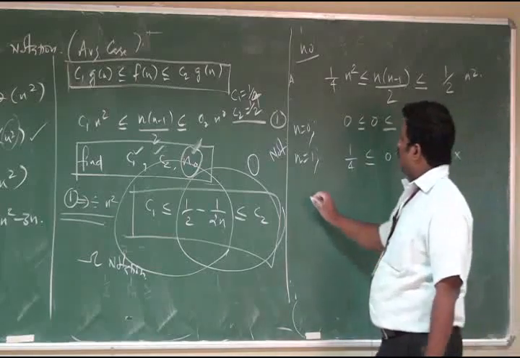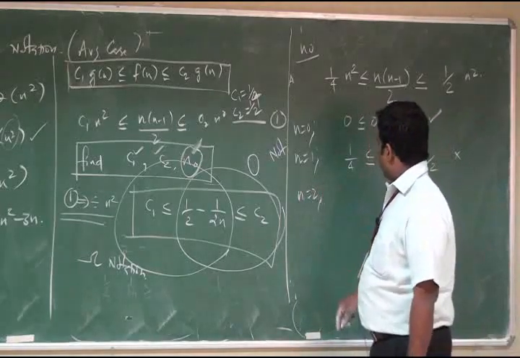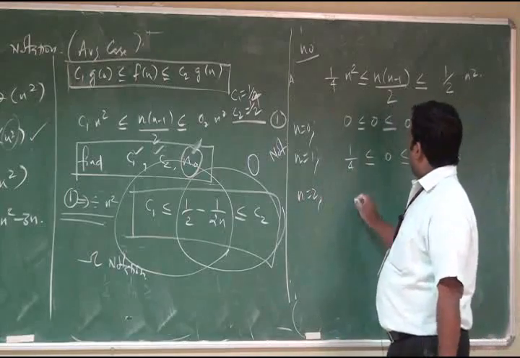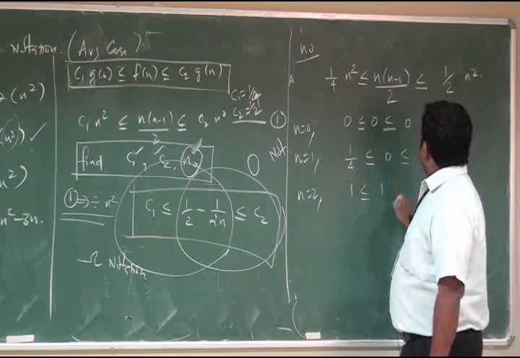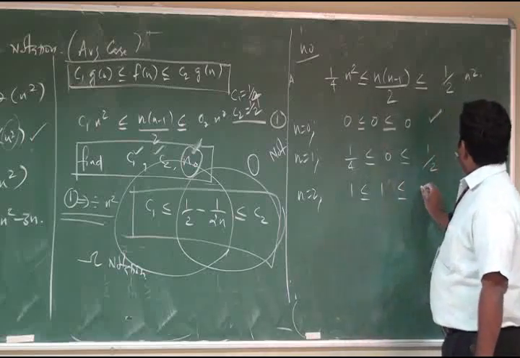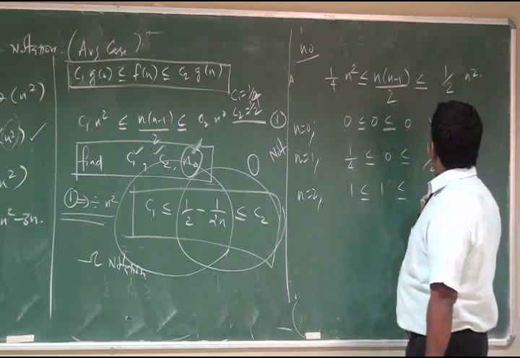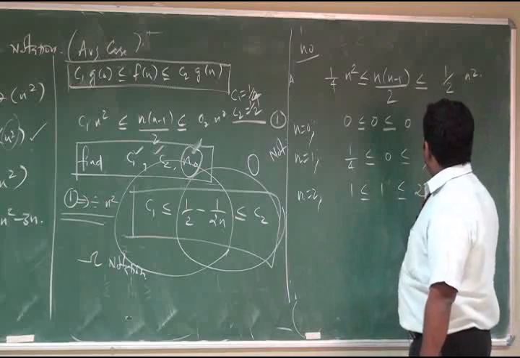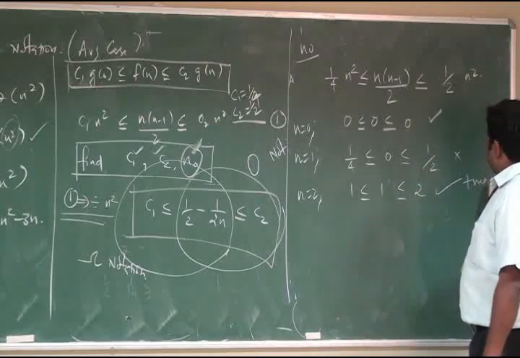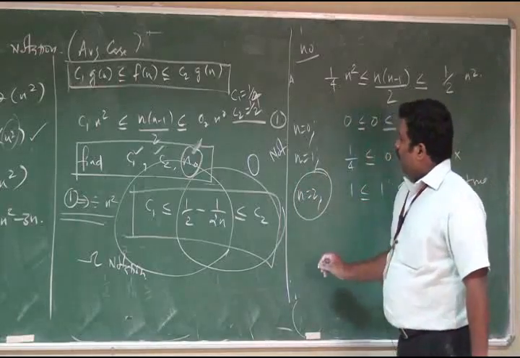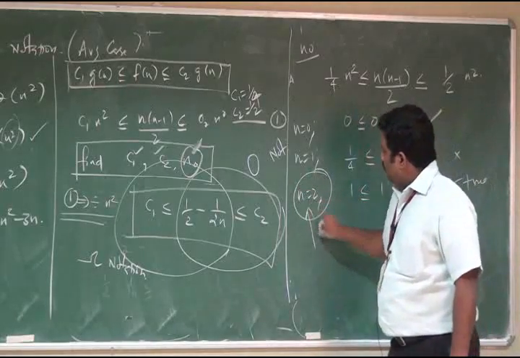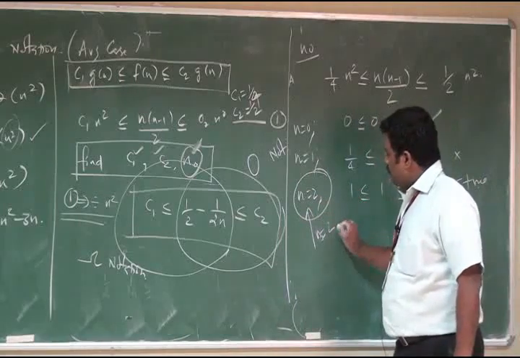It is false. Now apply n equivalent to 2. You get 1 less than or equivalent to 1 less than or equivalent to 2. Yes, it is true. Thereby you are selecting n equivalent to 2. So select n naught as n equivalent to 2.